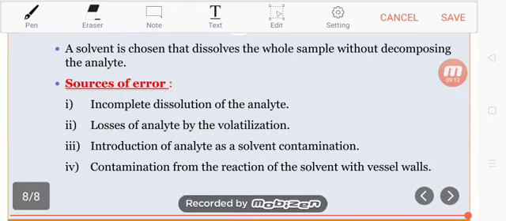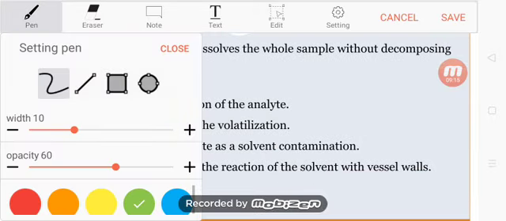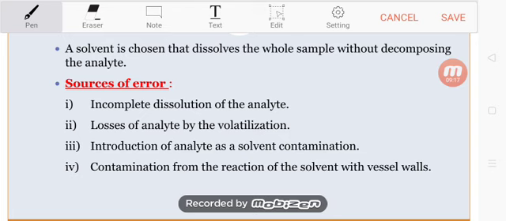Sources of error, if, let's say, you choose a wrong solvent: maybe there is incomplete dissolution of your analyte, losses of analyte by volatilization, introduction of analyte as a solvent contamination, and the last one is contamination from the reaction of the solvent with the vessel wall. So as I said, once again, you need to choose the correct solvent for the correct sample.